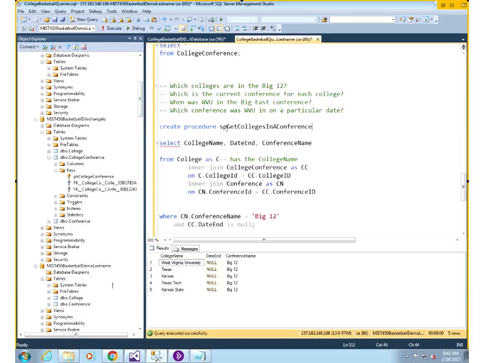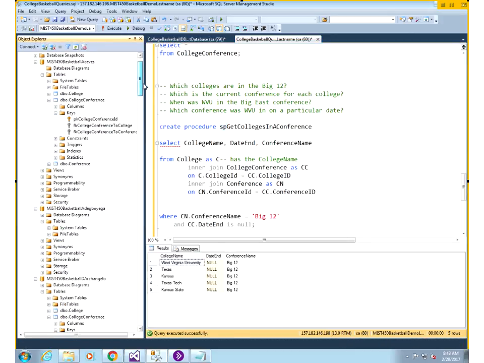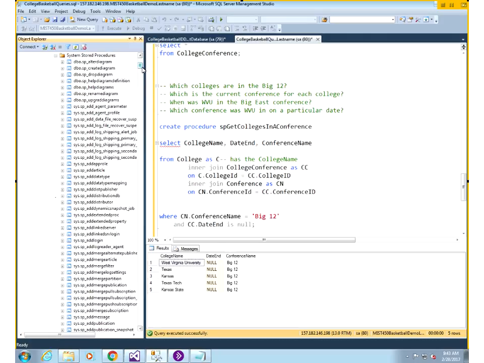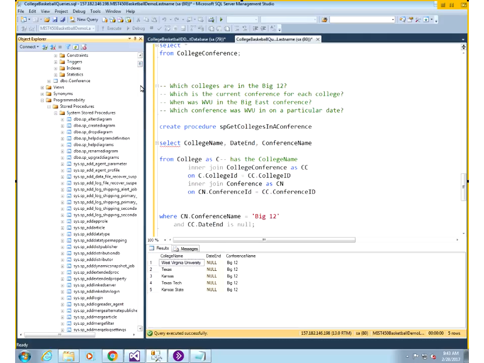And also you might want to avoid, I don't know if Dr. Nazir uses SP, but if you look inside programmability, stored procedures, what do you think the system uses as its prefix? SP. DBO, what does DBO stand for? The database owner, it's been created by the system.